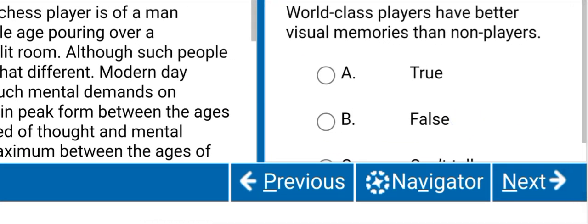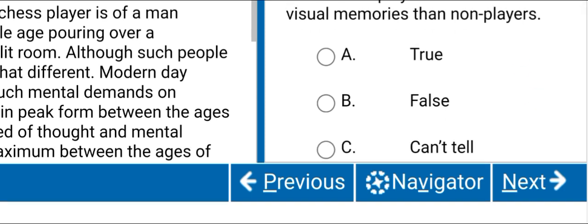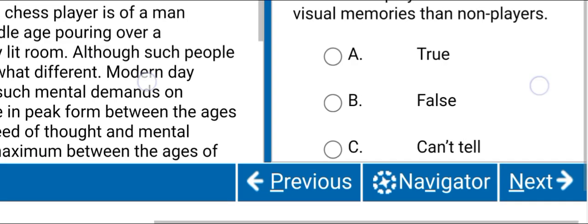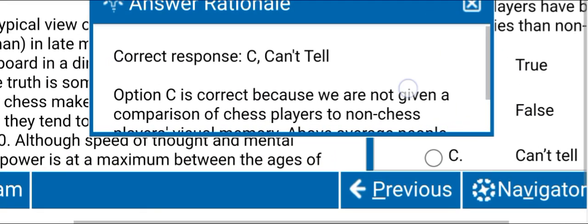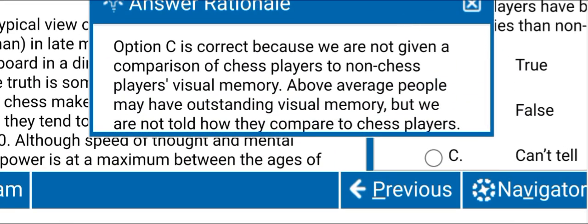World-class players have better visual memories than non-players. Option A, true. Option B, false. Option C, can't tell. So here the correct option is C because we are not given a comparison of chess players to non-chess players' visual memory.